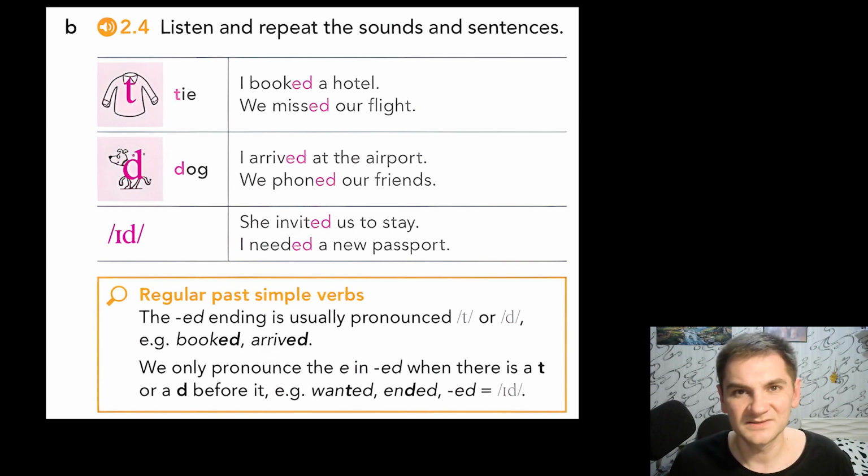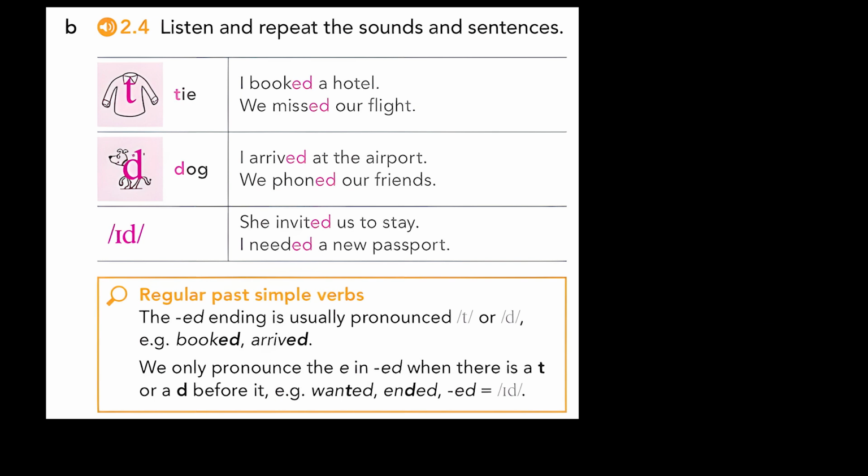It's better to pronounce them like t or d: booked, arrived, played, looked, cooked. We don't say cook it, play it, arrive it. It sounds really strange actually. So try to remember this rule and let's move on.